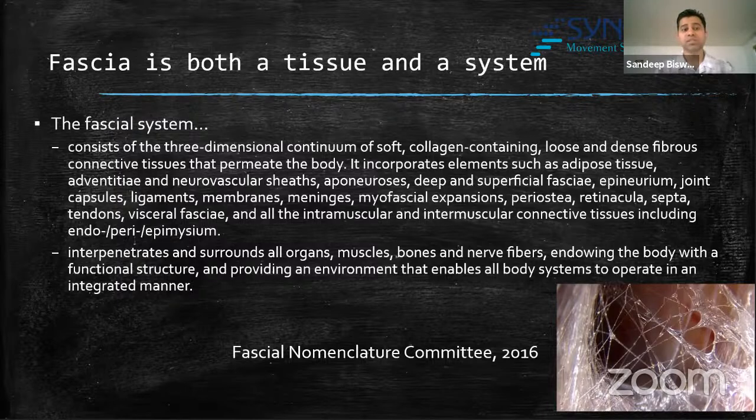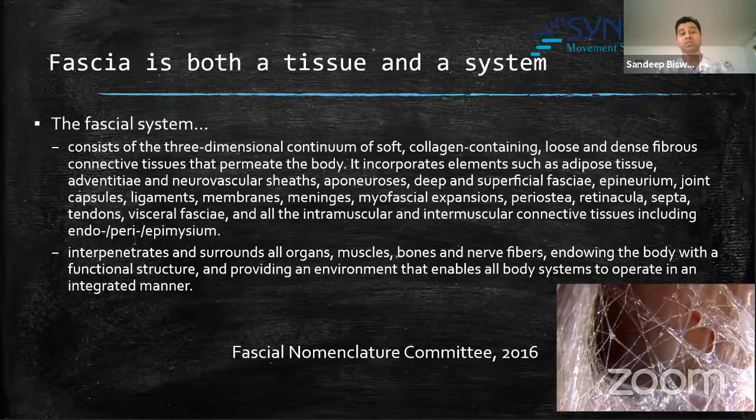The fascial system consists of the three-dimensional continuum of soft, collagen-containing, loose and dense fibrous connective tissue that permeates the body. It incorporates elements such as adipose tissue, adventitia, neurovascular sheaths, aponeurosis, deep and superficial fascia, epineurium, joint capsule, ligaments, membranes, meninges, myofascial expansions, periostea, retinacula, septa, tendons, visceral fascia, and all intramuscular and intermuscular connective tissue, including endo-, peri-, and epimysium.